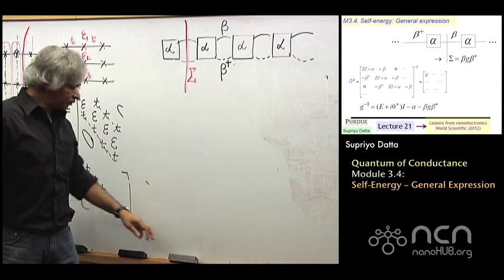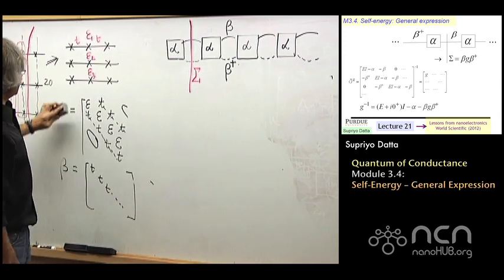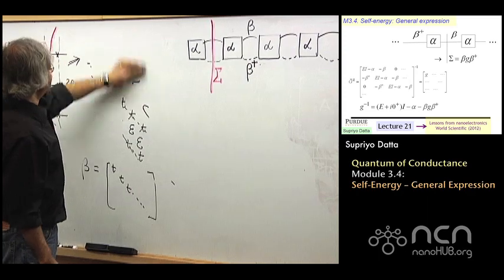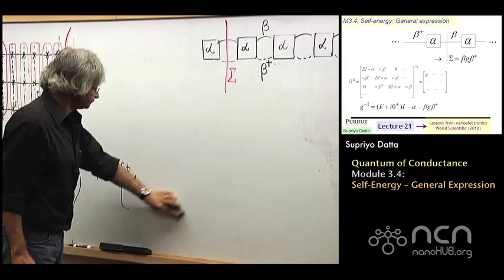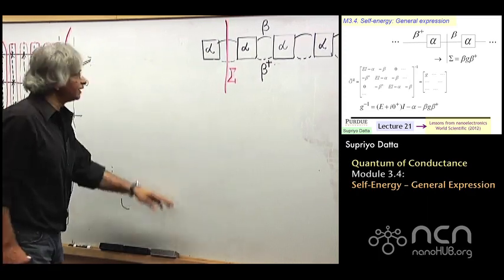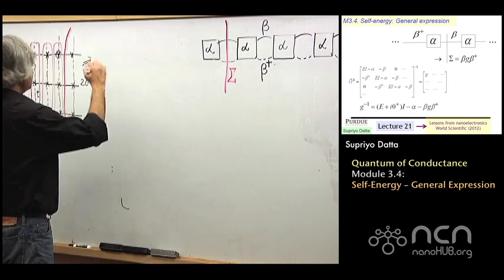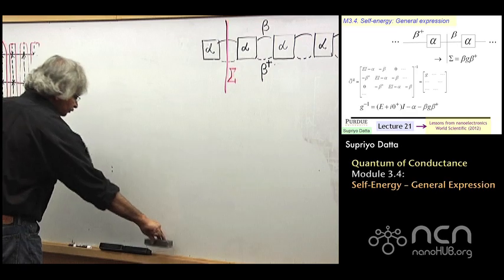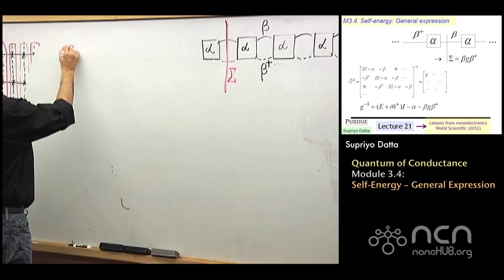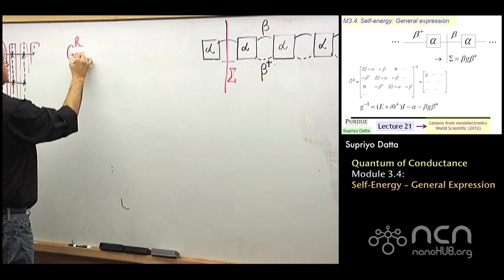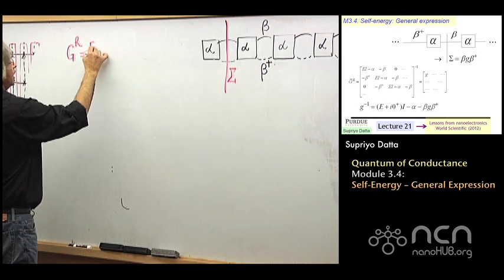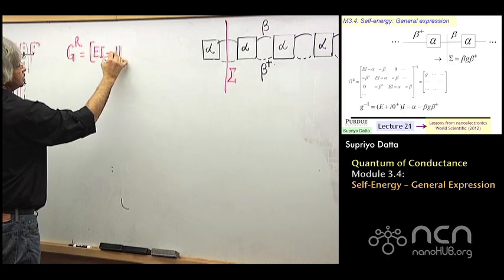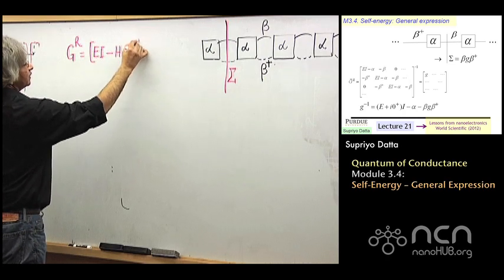One way to think about it is that I'm going to use this sigma to calculate the Green's function, let's say. So we would use it in the first of those transport equations, G^R equals [EI minus H minus sigma] inverse.